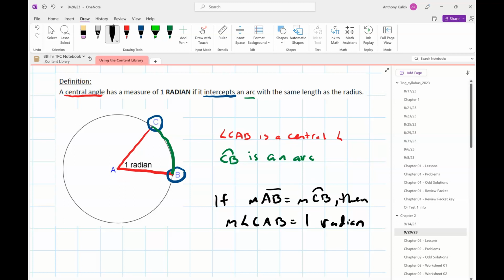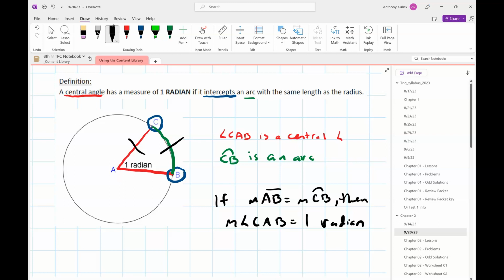That's what the definition is saying: if the radius and the intercepted arc have the same measure, then that angle has a measure of 1 radian. Cool? It's all right.